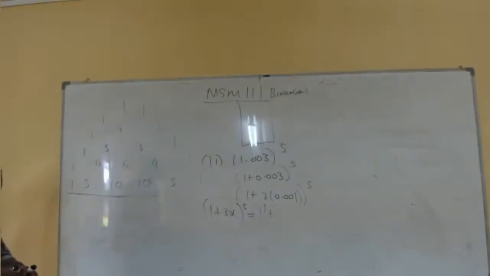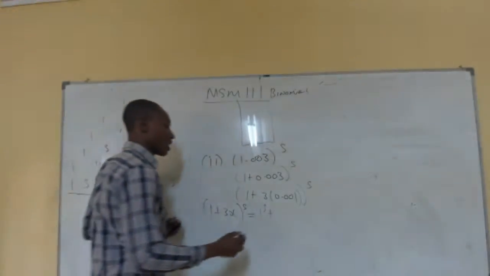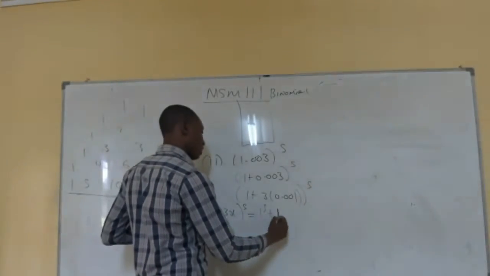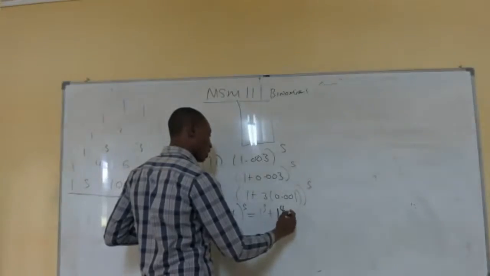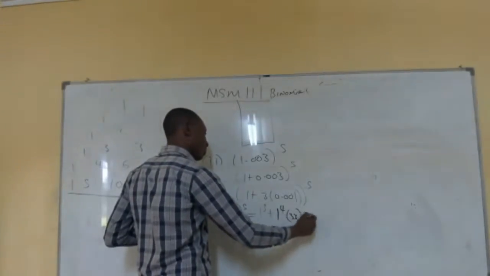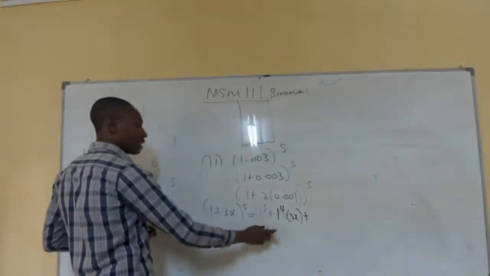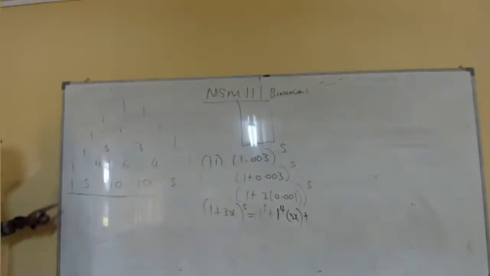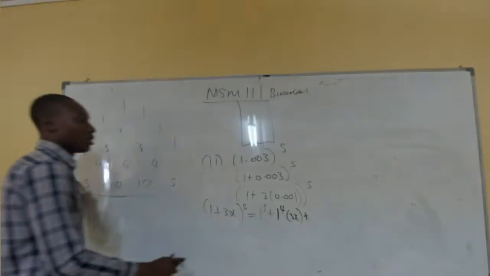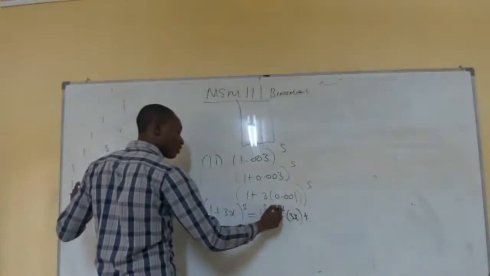1 to the power 5, plus 1 to the power 4 times 3x. Now, instead of writing 1 here, we refer to Pascal's triangle and ask ourselves what the coefficient in front is. It is 5, so we have to have a 5 here.